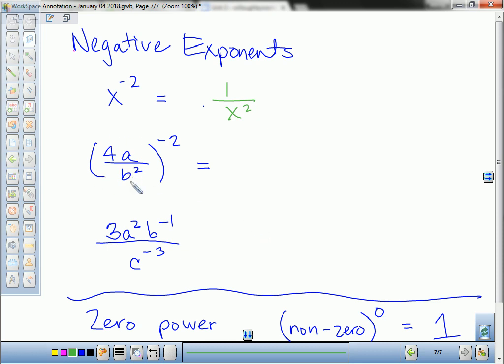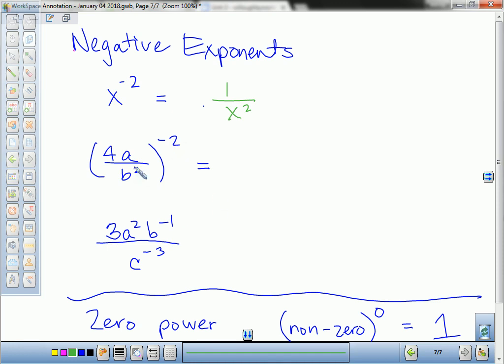So if we have an entire expression raised to a negative exponent, we need to do the reciprocal of that entire expression. So sometimes you see it where the entire expression is raised to the negative. So you do a reciprocal.